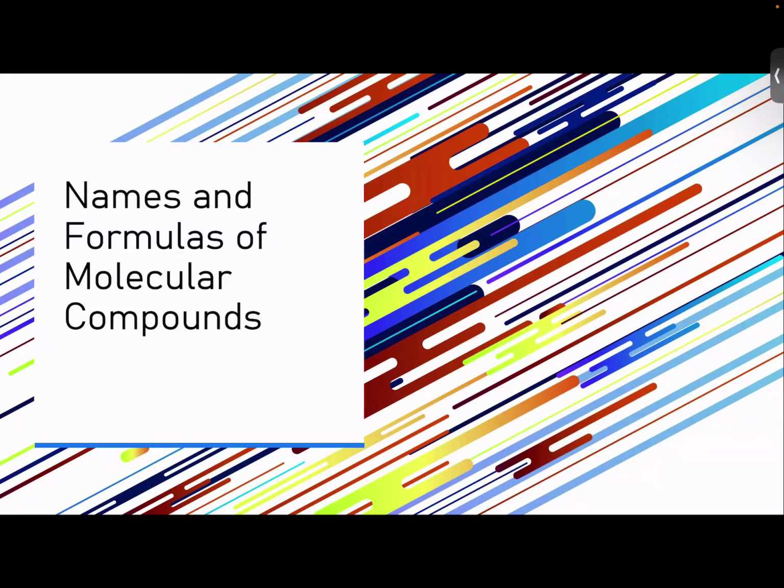Chapter 5 had valence bond theory, and no, that's chapter 6. Chapter 5 had molecular shape and bond polarity and molecule polarity.